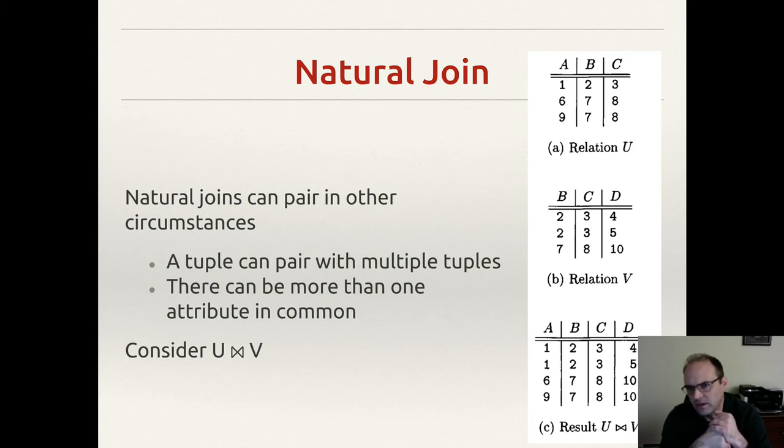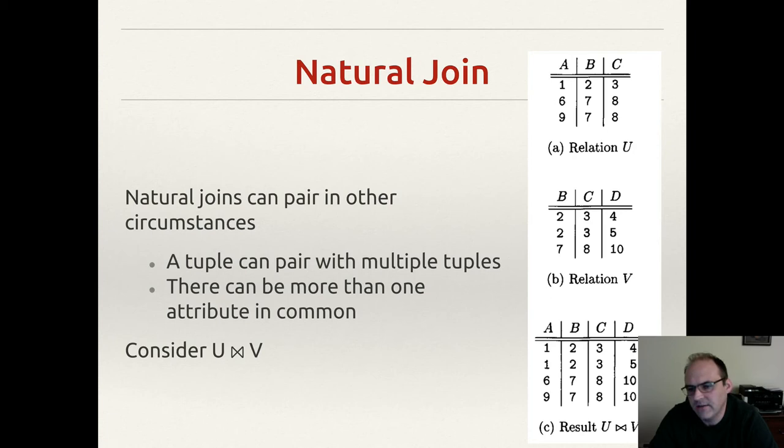Now the next one is 6, 7, 8 up top, so B and C is what we care about. Interestingly here, 7 and 8 is now the same for both of the next 2 tuples. And if we go down to V, we can see that the first 2 tuples don't match B and C, but the third one does.